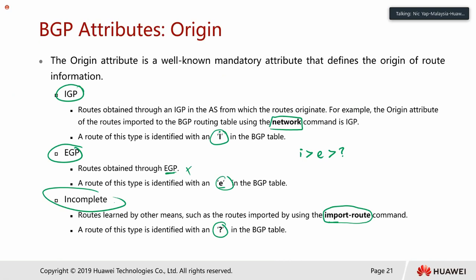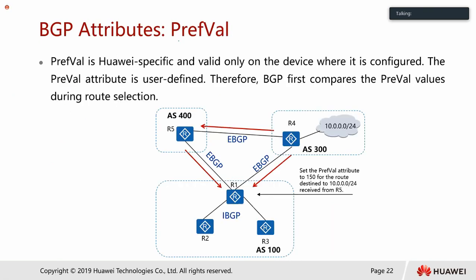Next is the preferred value. If you know about Cisco BGP, this is equal to the Cisco weight, the weight of the route. The preferred value is similar to the weight in Cisco.